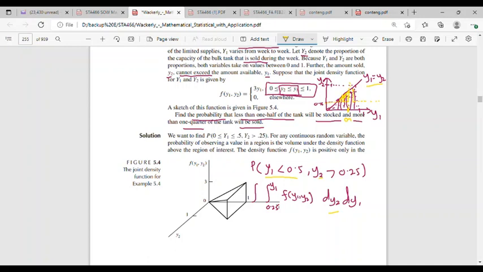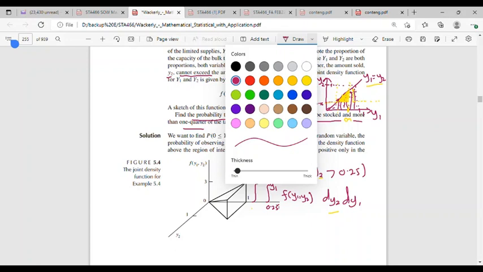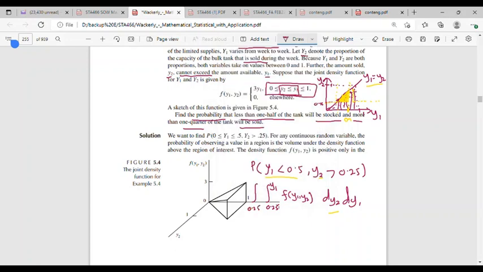So yang ni kat dalam, area yang kita nak cari nilai probability tadi. So 0.25 until 0.5, dy1.